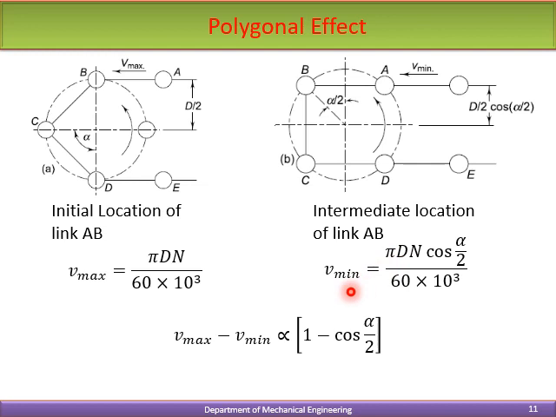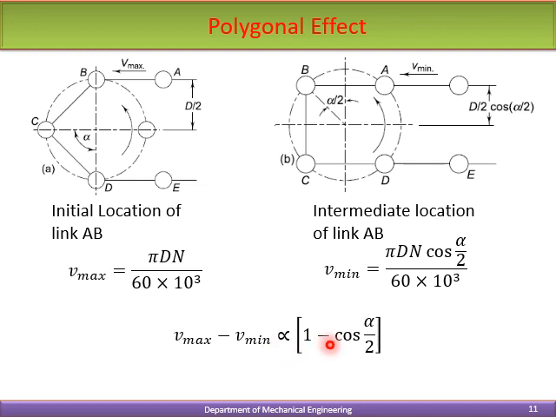It is evident that the linear speed of the chain is not uniform but varies from Vmax to V minimum during every cycle of tooth engagement. This results in a pulsating and jerky motion. The variation in velocity is given by this equation.